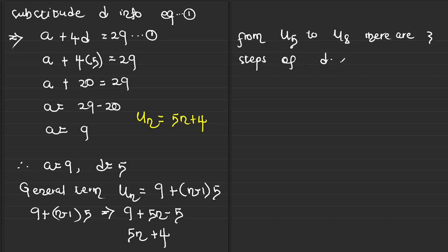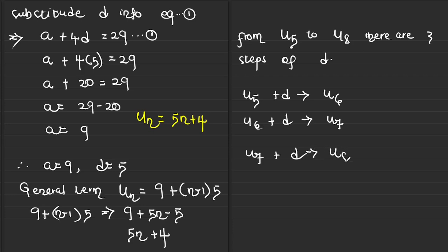How do we know there are 3 steps of D? If you are on U5, you need to add a D to it before you can get to what? A U6. And if you're on U6, you need to add what? A D to it before that gives us what? A U7. Then from U7, you need to add another D to it, and that gives us our U8.